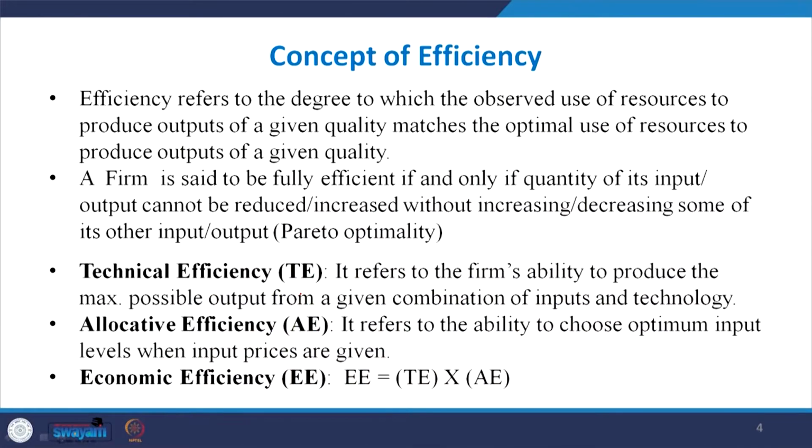You might have studied the production function, which shows the pure engineering relationship between the physical quantity of inputs and outputs. So, when the firm is producing on the production frontier, the firm is called technically efficient, and if the firm is producing below the frontier, then the firm is called technically inefficient.